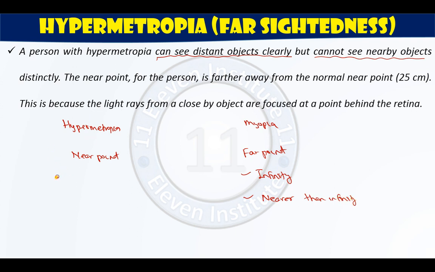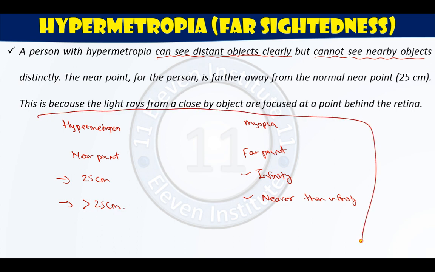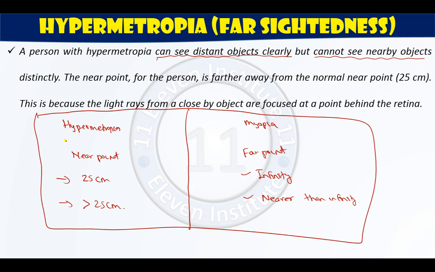For hypermetropia, we discuss over here, for a normal eye, the near point is 25 centimeters. But for hypermetropia, the near point is greater than 25 centimeters. Right? This is very much important for a 1 mark question. You should be quite clear with this. In hypermetropia, there is a problem with the near point.